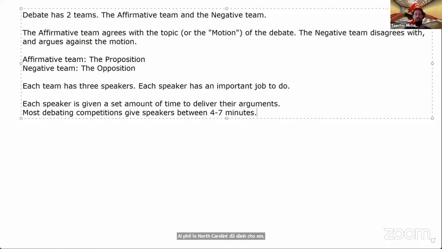So most debating competitions will give speakers somewhere between 4 and 7 minutes to deliver their arguments. Now, this might seem like a long time, but trust me, once you get a few good arguments written and you've worked out a team strategy to win the debate, those 4 to 7 minutes can go by like that.